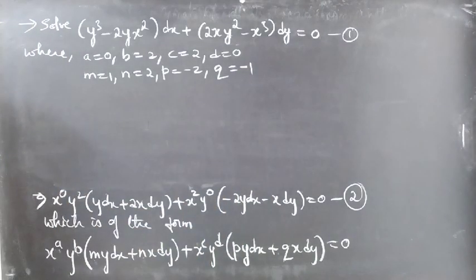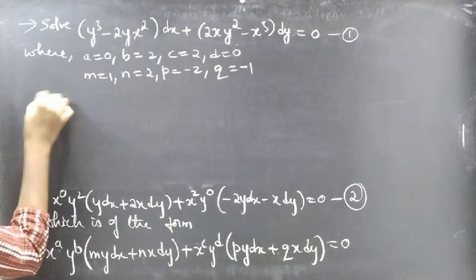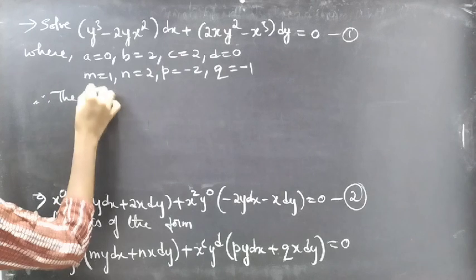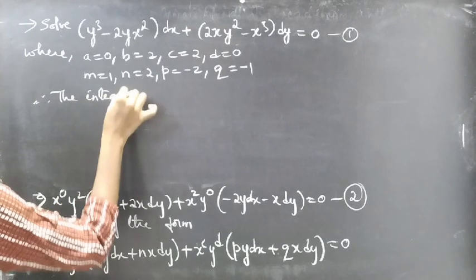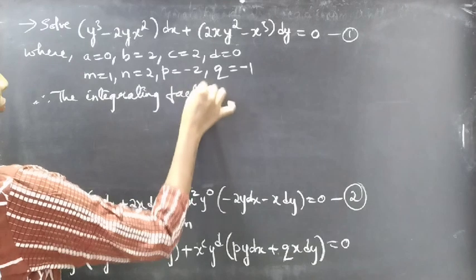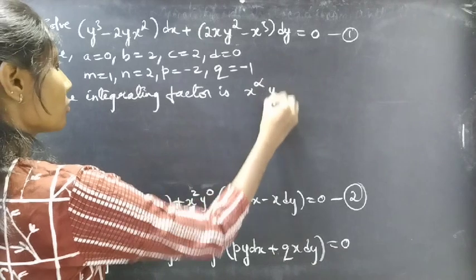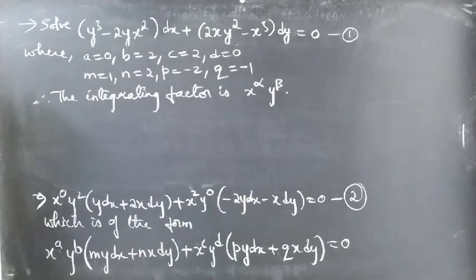Since the given differential equation can be written in this form, so here the integrating factor is x power alpha y power beta. Now we need to find alpha and beta using some formulae.